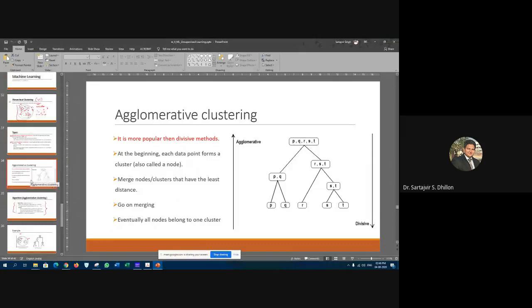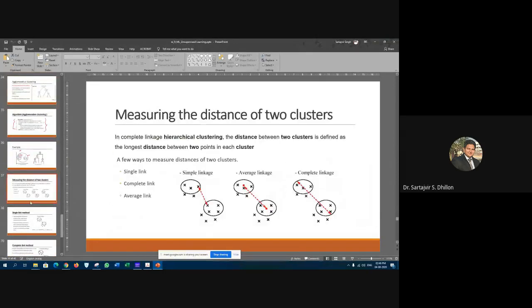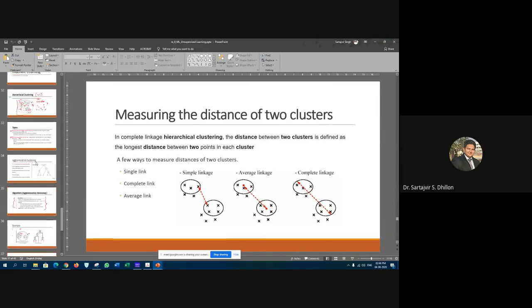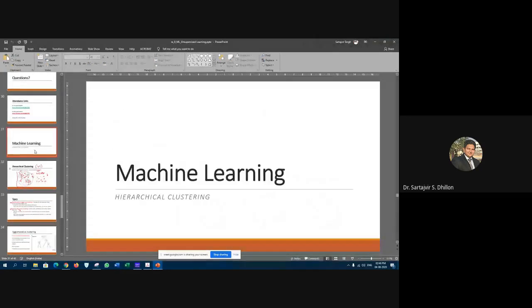Previously, we covered hierarchical clustering, and there are two or three slides left related to measuring the distance between two clusters. So I will give an overview so that you can remember what we did yesterday and where we are.